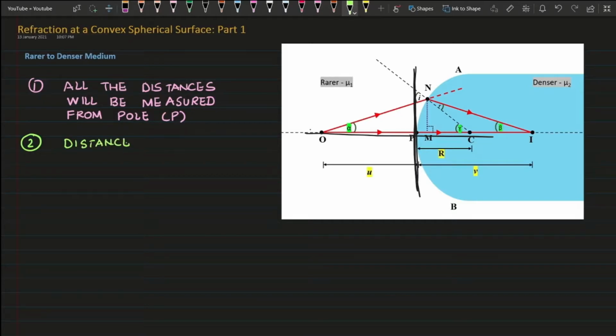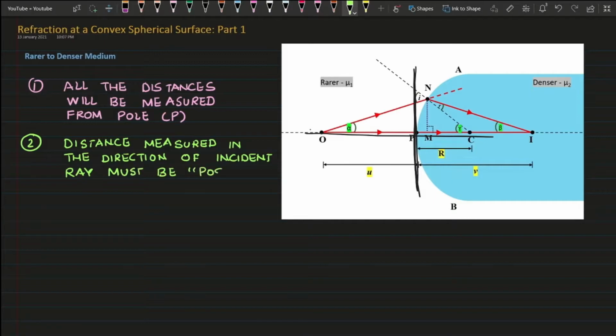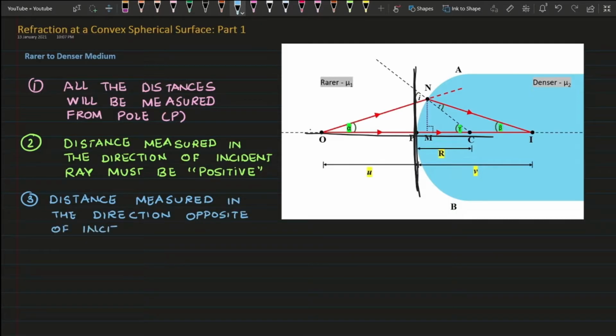Distance measured in the direction of the incident ray must be positive. Distance measured in the direction opposite of the incident ray must be negative. So let me explain these points quickly.